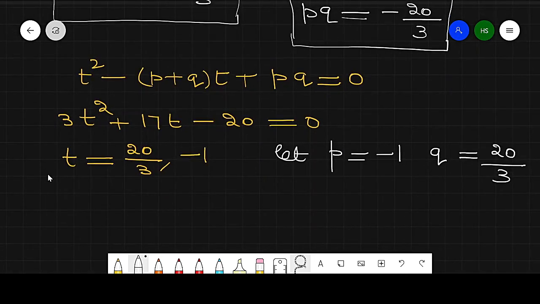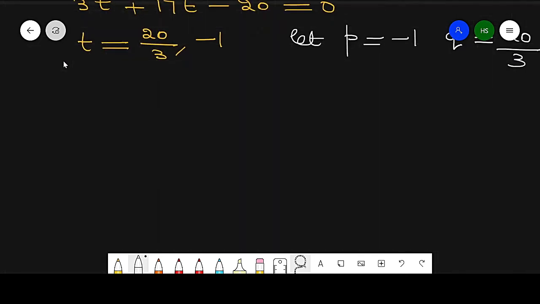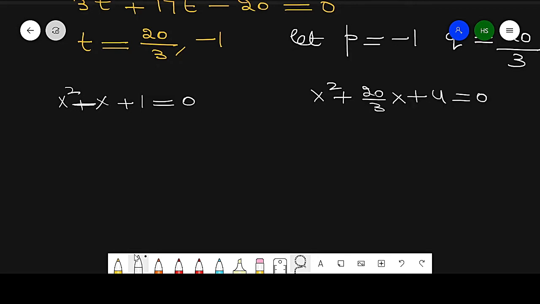So the given quadratic equations are: if p is -1, which is the sum of roots, x^2 - (-1)x, so it is x^2 + x + 1... and x^2 + (20/3)x + 4, which is equal to 0.